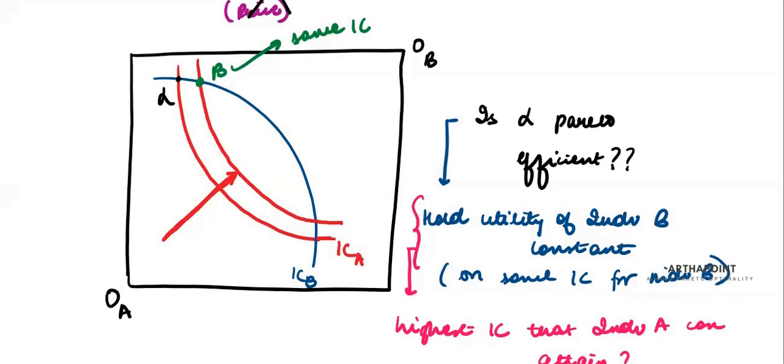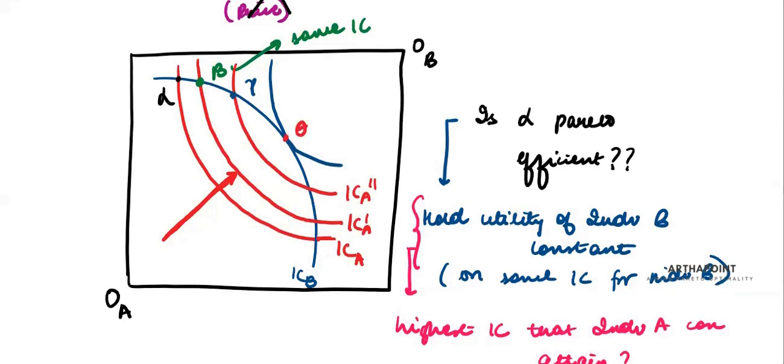Again, can individual A go even higher? Yes. How about this point, maybe gamma. B is on the same indifference curve, but A is able to attain a higher indifference curve. How about this point? Let's say theta.